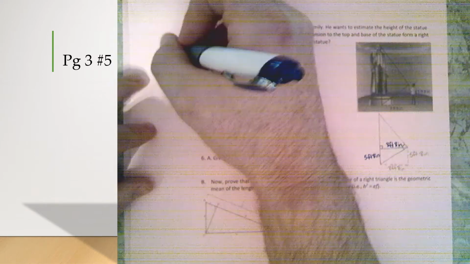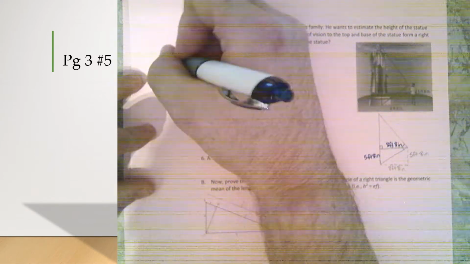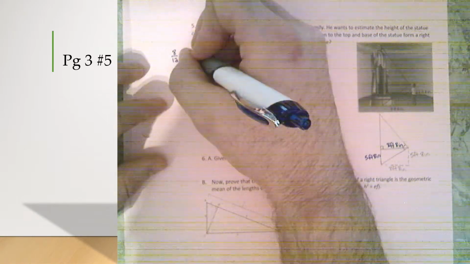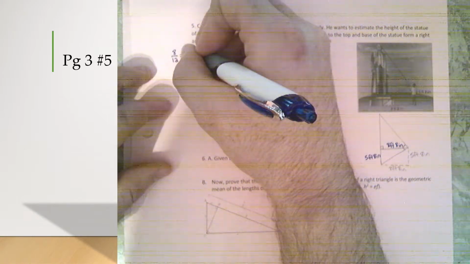Now one thing that I'm going to do is, it's in feet and inches. I'm going to try to make it all into one. So to make inches into feet, there's 12 inches in a foot. So what I'm going to do first is do 8 divided by 12. That will get me 0.6 repeating. So I'm going to go ahead and round it to 0.67.